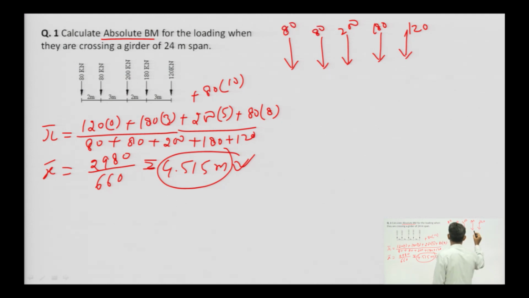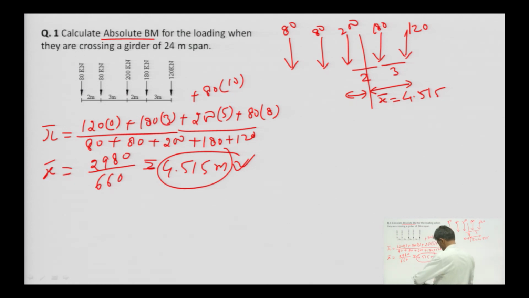This distance is 3, this distance is 2, and this is 4.5. X bar is 4.515, so this distance is 4.515 minus 4.5, which is 0.485.